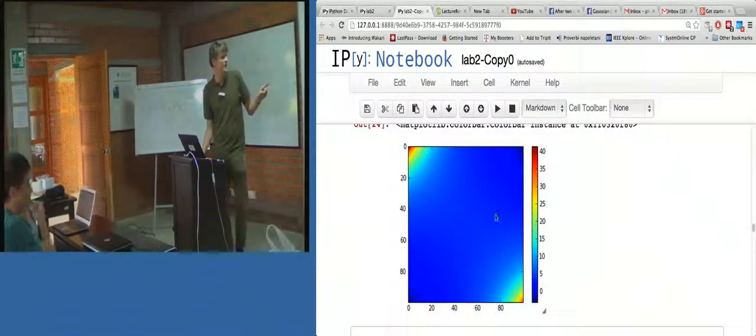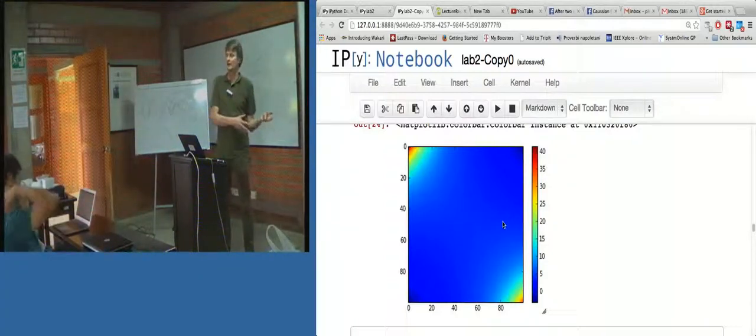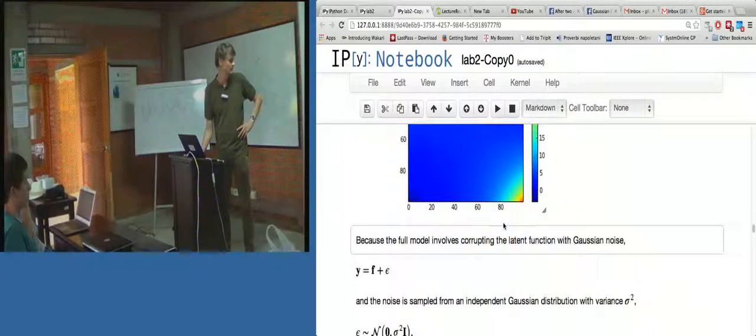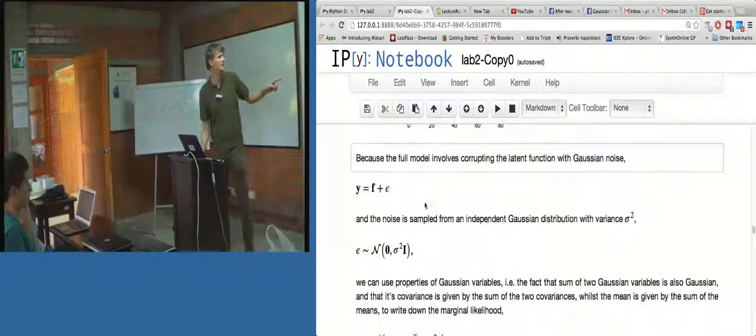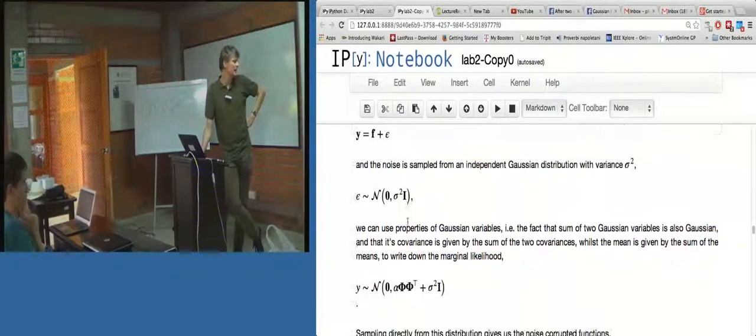So this is the same visualization of the covariance matrix, but being applied, instead of to that RBF covariance, to the covariance that we've been sampling from for these parametric models. Okay, now because the full model involves taking F and corrupting it with noise, we're saying that noise is sampled from an independent Gaussian distribution.